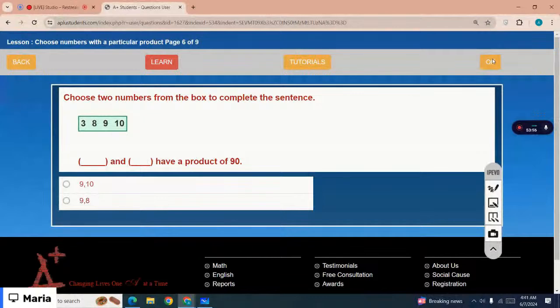Choose two numbers from the box to complete the sentence. So, which is the correct option? Which two numbers have a product of 90?